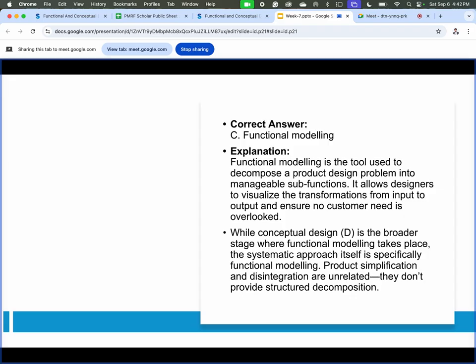While conceptual design is the broader stage where functional modeling takes place, the systematic approach itself is specifically functional modeling. The product simplification and disintegration are unrelated. They don't provide structured decomposition.